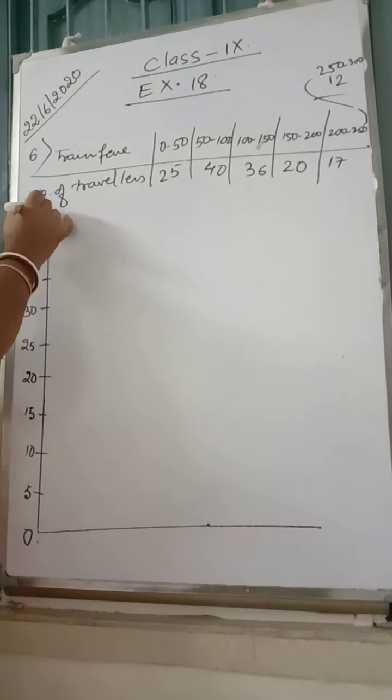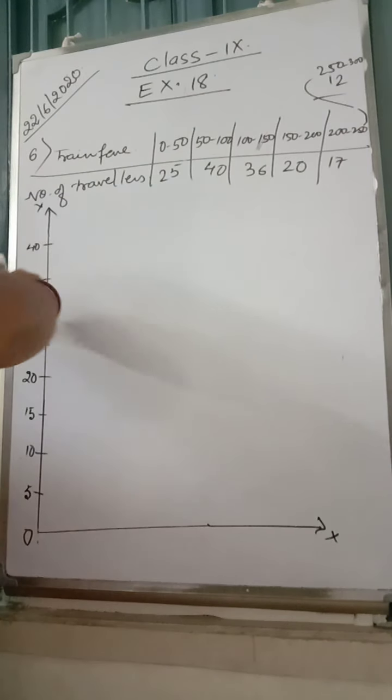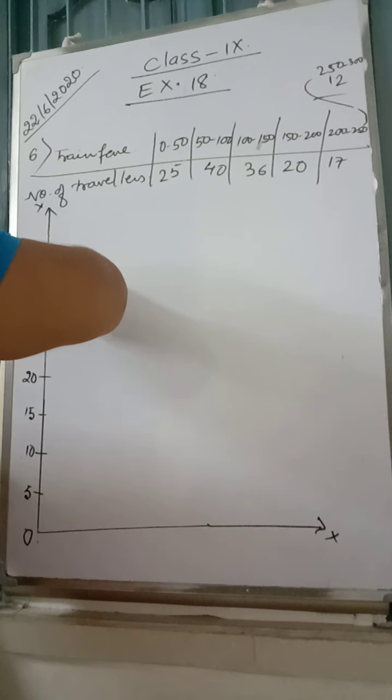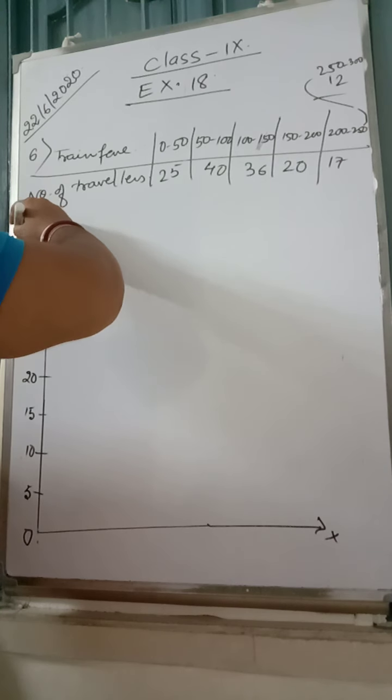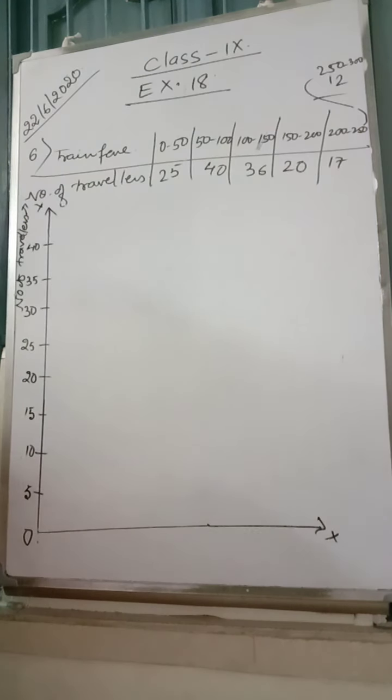This is y and this is x. Clear? These are the number of travelers, and these are the train fare.